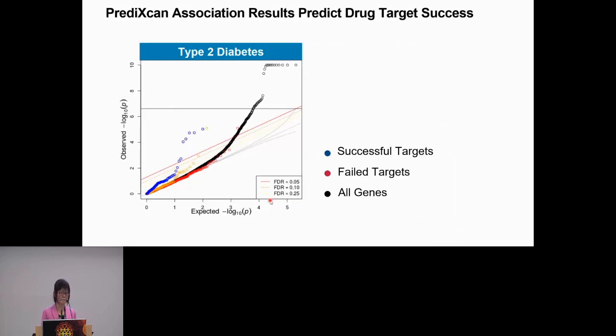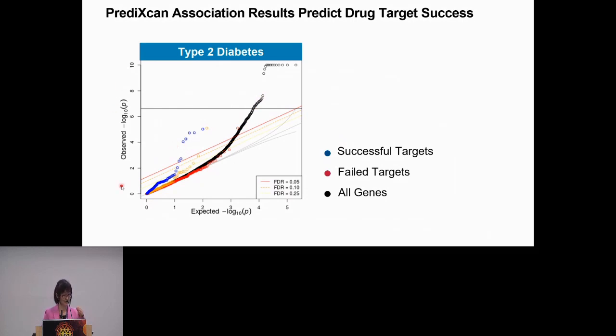This is a similar idea. This is preliminary data that we never published, but I find it useful to show. What I'm showing you here is the PredictScan, so gene level association results between gene expression levels and risk of type 2 diabetes. In black is what we see for all the genes that were tested. And in blue, I'm showing you the QQ plot.